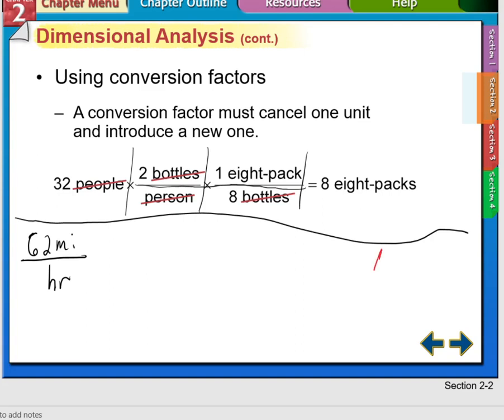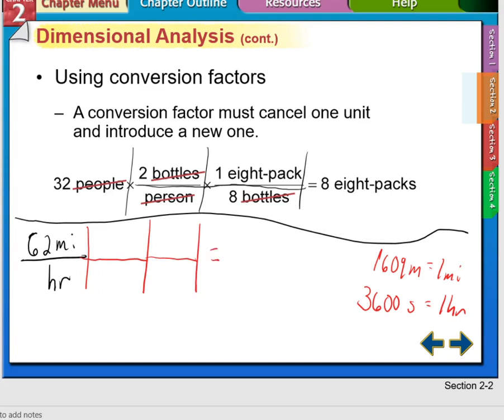So you need conversion factors: approximately 1609 meters equals 1 mile, and 3,600 seconds equals 1 hour. There's our two conversion factors, and we can put these into fractions to multiply by forms of 1. We're going to have two of them because we're going to convert this one and this one.